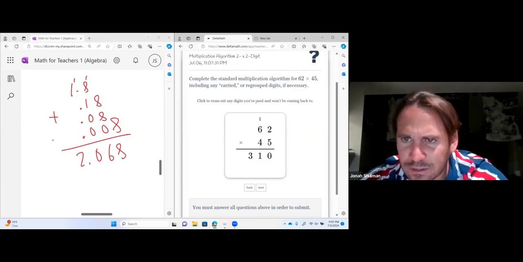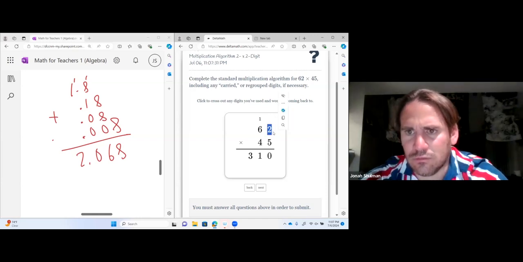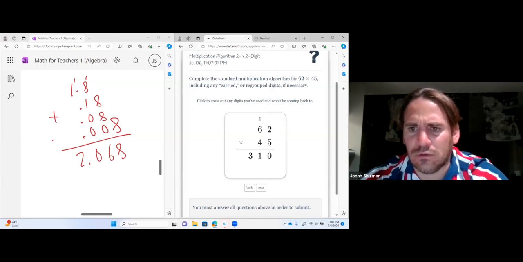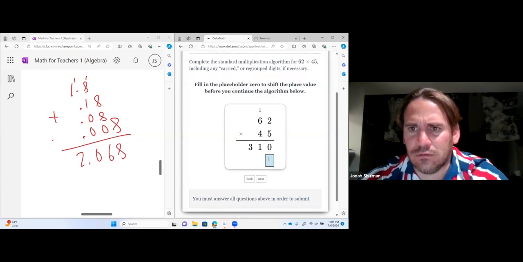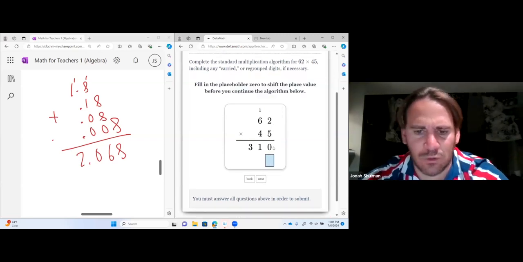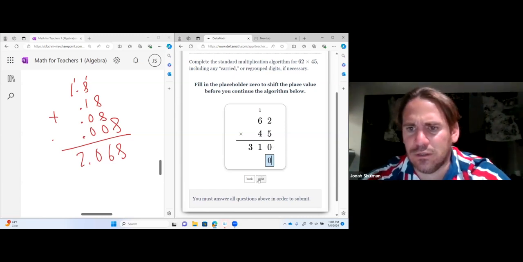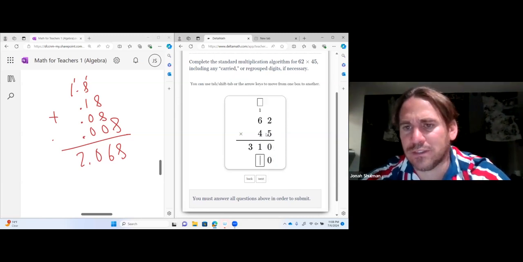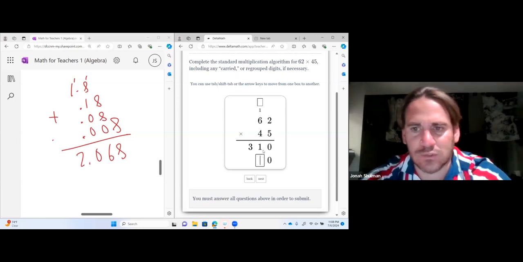Oh, click to cross out the digit you. Oh, so. All right. I wanted to cross this out, but they didn't let me. But now it's 4 times. Well, we have the 0 is the first one because we got to hold the place because it's not 4 times it, it's 40. That's what it means. 4 times 2 is 8.